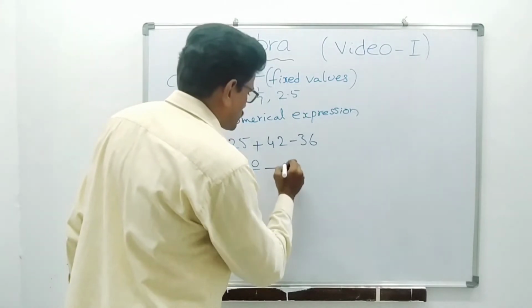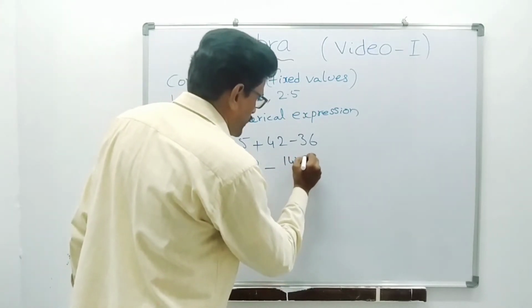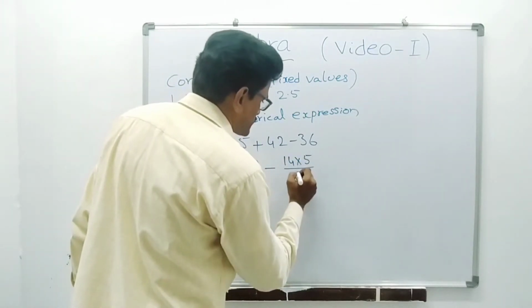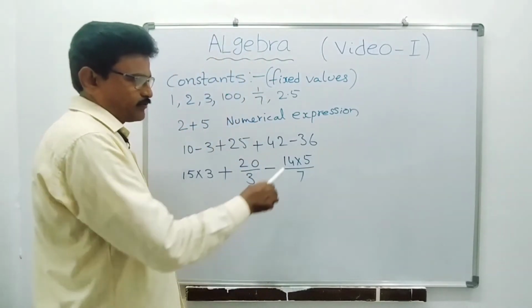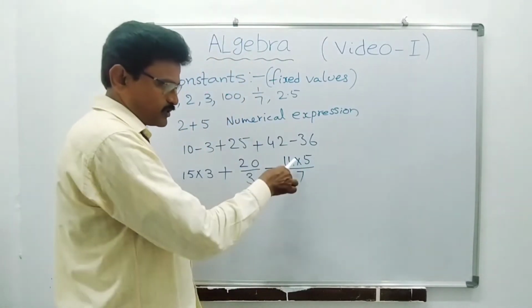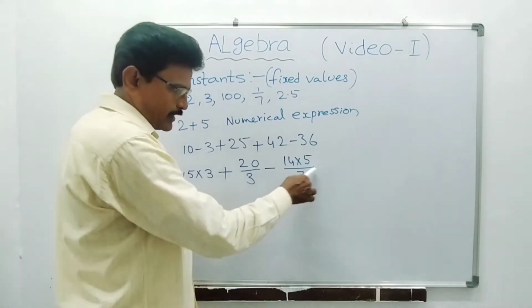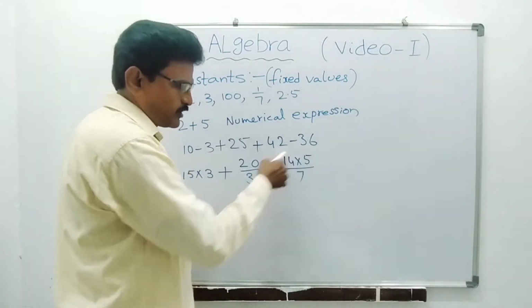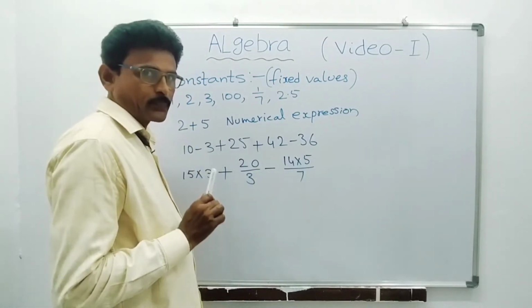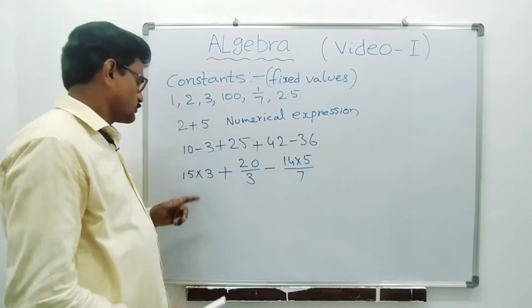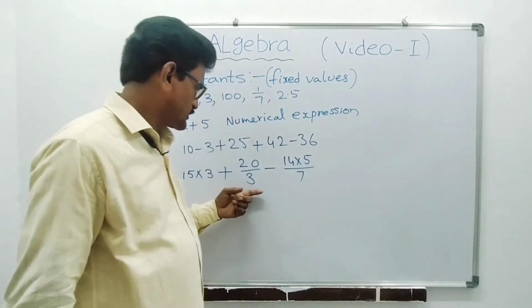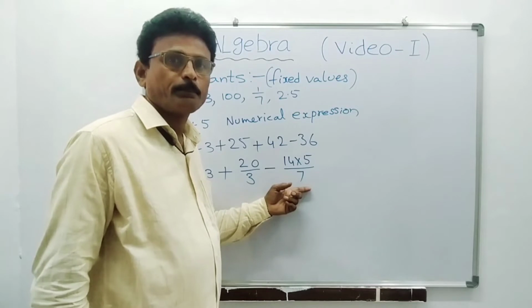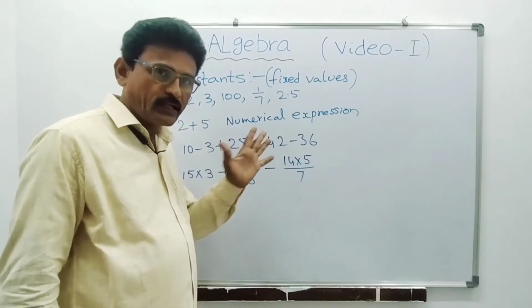Now minus 14 into 5 by 7. Here we are using a multiplication symbol and a division symbol. These three numbers belong to a single term. So totally how many terms are here? This is the first term, this is the second term, this one is the third term. Here we are using only numbers.